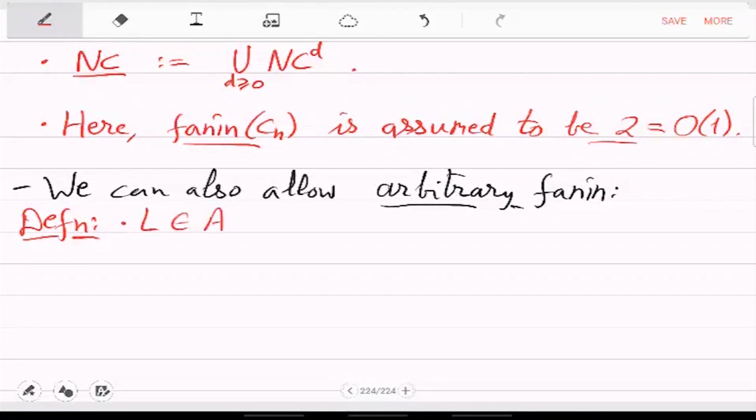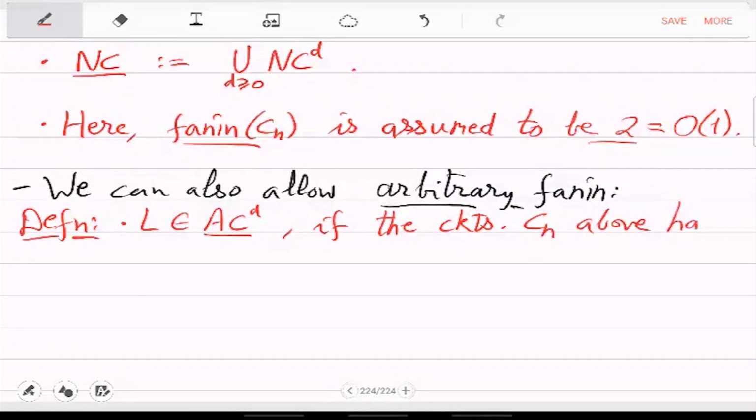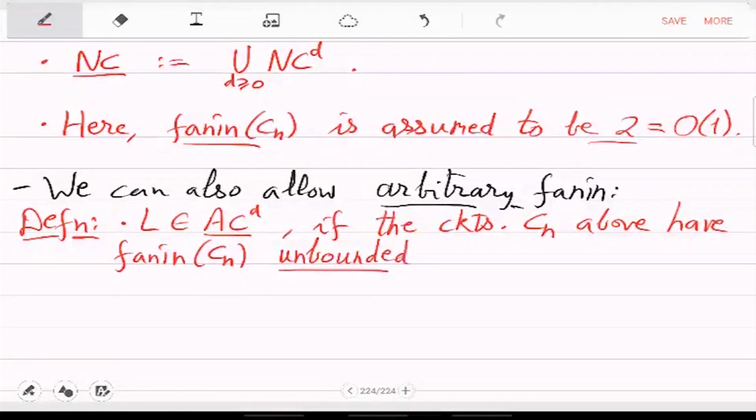So, L is in AC^d, kind of another class, short form for another class, if the circuits C_n above have unbounded fan-in. Unbounded means that it is allowed up to the size.